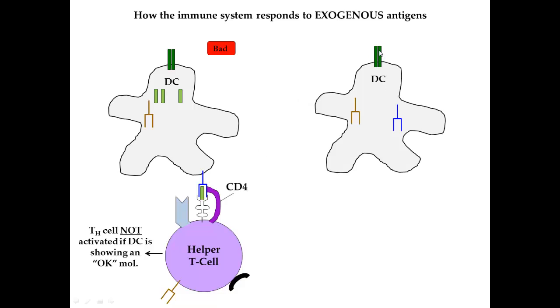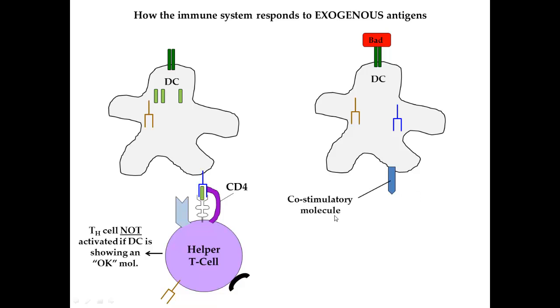One way that dendritic cells can detect exogenous antigens in the environment is by their toll-like receptor. You'll remember that toll-like receptors can recognize generalized repetitive patterns on certain antigens. When a toll-like receptor recognizes an antigen, something very important happens. It causes that dendritic cell to express a molecule called a co-stimulatory molecule.